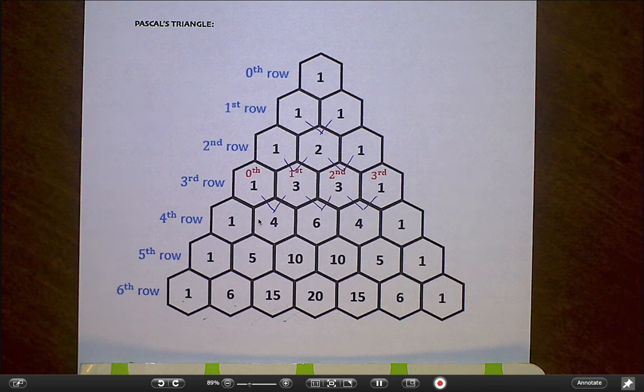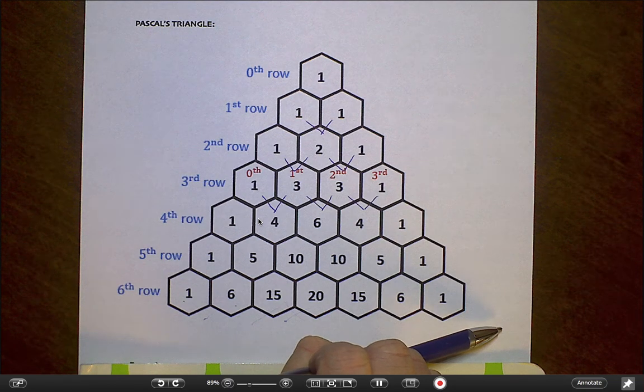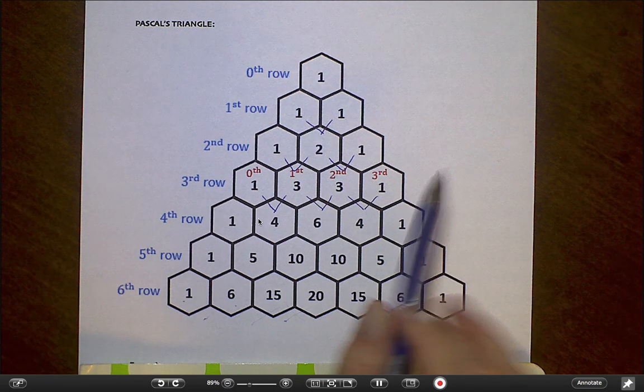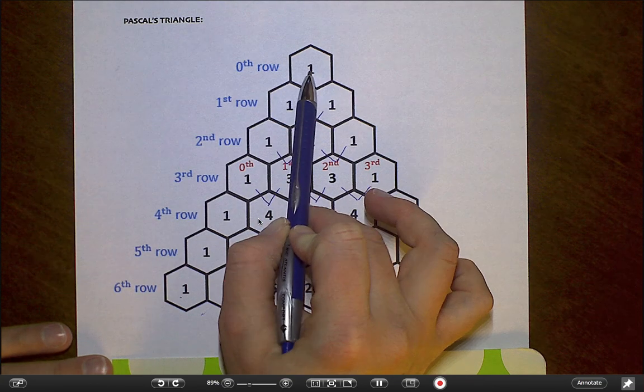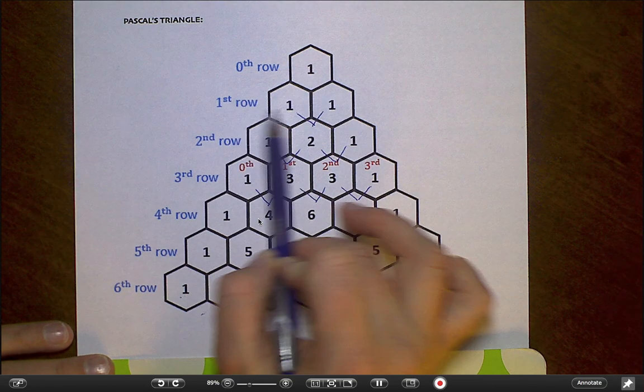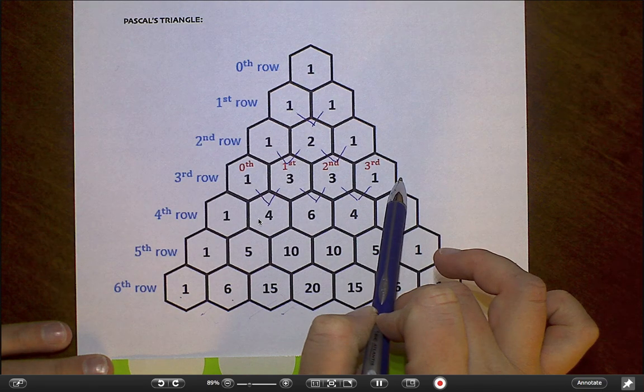The way this relates to things we've been talking about is these numbers actually correspond to the values we've been finding as combinations. So if we think of the rows, and again, we have to think of this row number as 0, so we start with row 0, then this would be row 1, this would be row 2, this would be row 3, and so on.